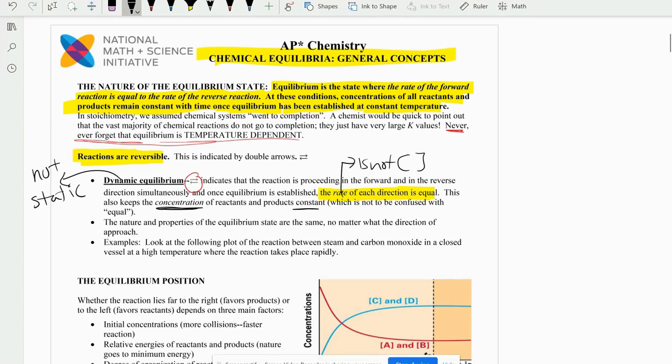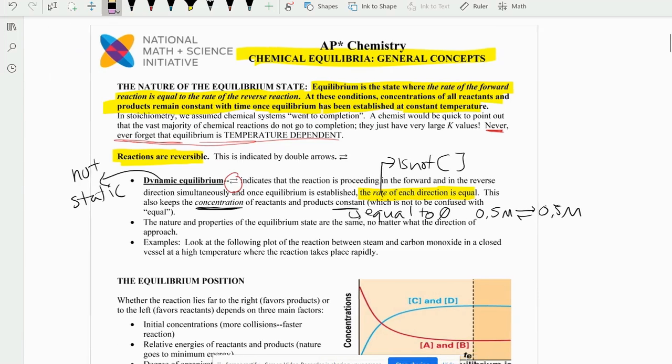Okay, remember when you hear the word constant, that does not mean that it's equal to 0. Okay, so if you're doing a reaction, for example, and you've got 0.5 molarity of a reactant and it's all of a sudden equal with 0.5 molarity of the products, those two concentrations are equal. That's not what this necessarily means, right?